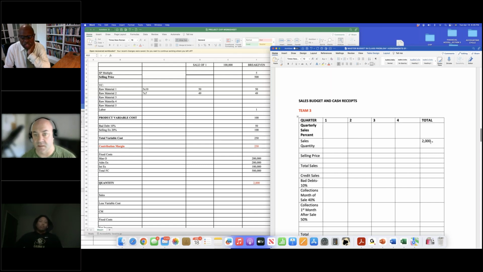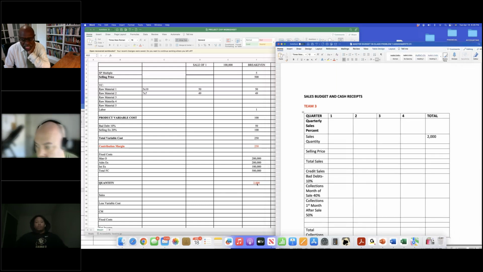We make the calculation of the quantity, and for the break even year, the 2,000 quantity is here. For the target loss year, you got another quantity. For the $1 million year, another quantity. And for the $2 million, you got to do another one. You have to run through these budgets each year.